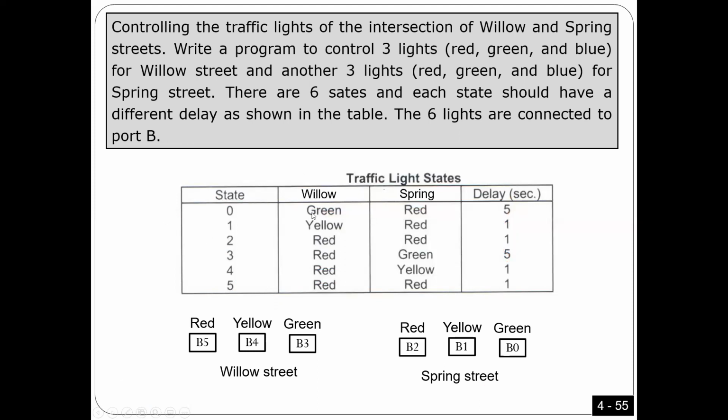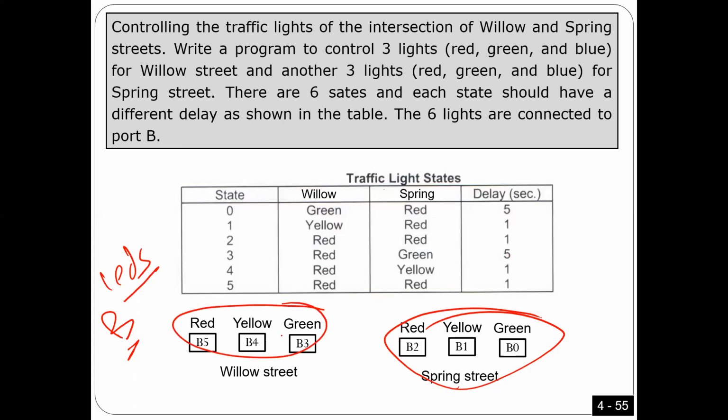So now, in order to simulate these colors here, I'm going to use the LEDs of port B, right? Here, the first LED is going to be green for Spring, yellow for Spring, red for Spring. Okay, so the first 3 are for Spring Street.